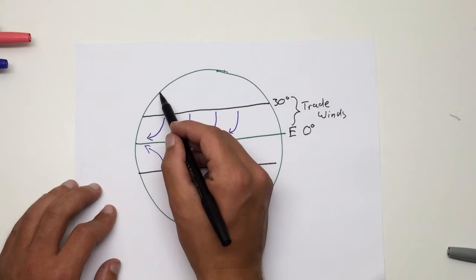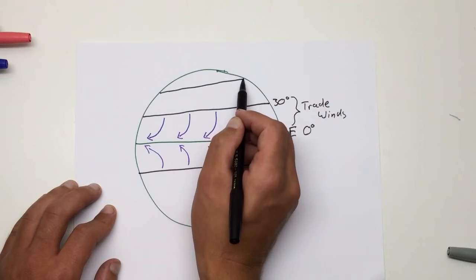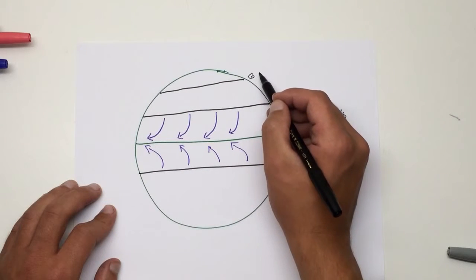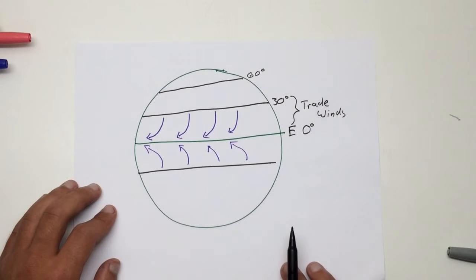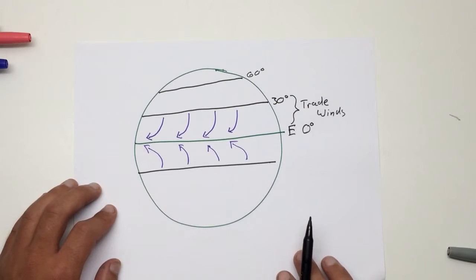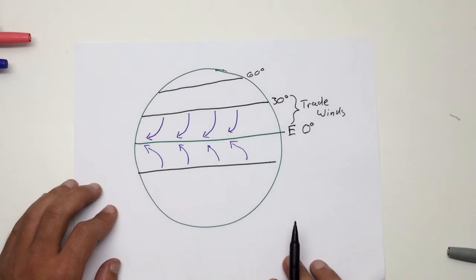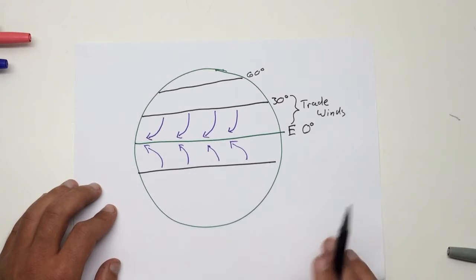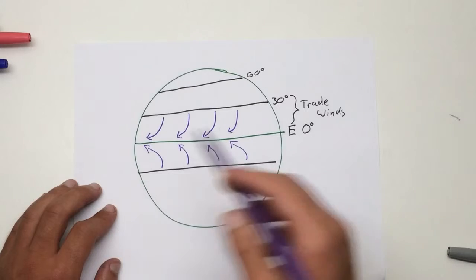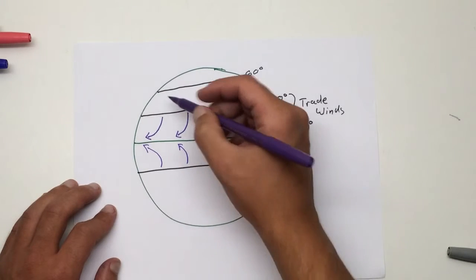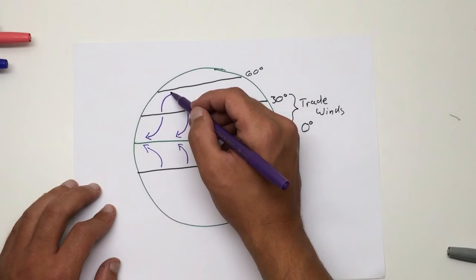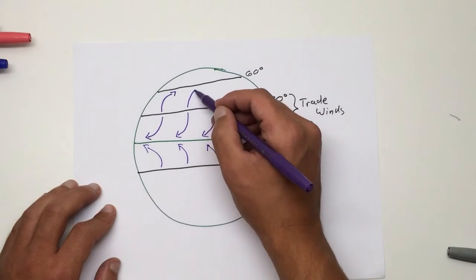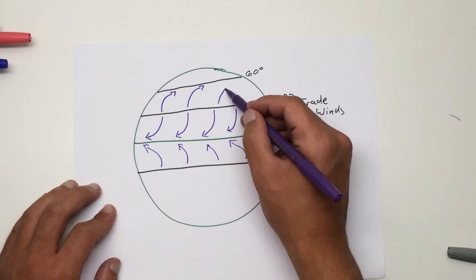These are called the trade winds. Now, from 30 degrees to 60 degrees latitude, we have what are called the westerlies. Now, what we just learned was that winds are named from where they're coming, not from where they're going. So if winds are named the westerlies, it means that they actually come from the west. So these winds actually move up towards the poles and move east as they're going this way.